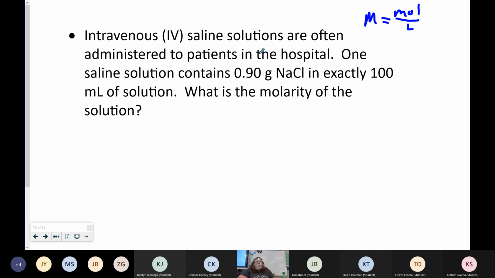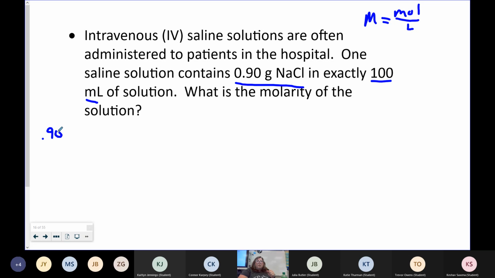So what's given to us is 0.90 grams of sodium chloride in 100 milliliters of solution. For molarity, we need moles on top, so we have to change from grams into moles. Remember, that's our one-step stoichiometry calculation.